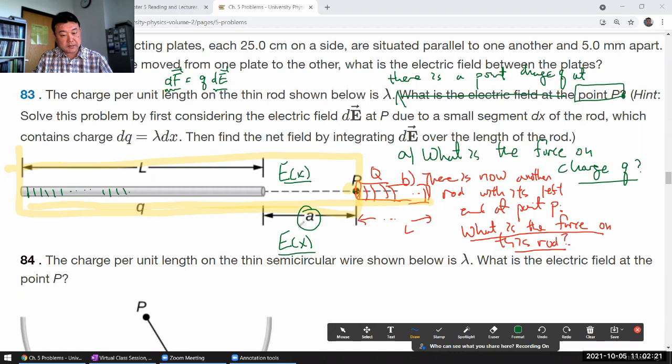Once you have this expression for electric field, that packages a lot of the mathematical work that's gone in. And using that electric field, now you can calculate the amount of force on one piece here: some amount of force on some charge dq times the electric field.